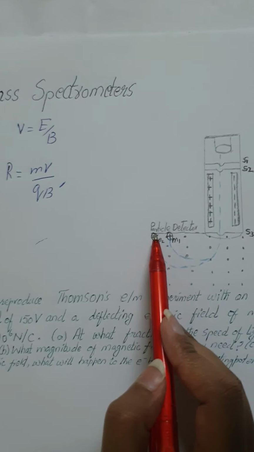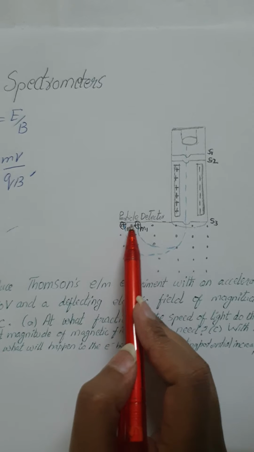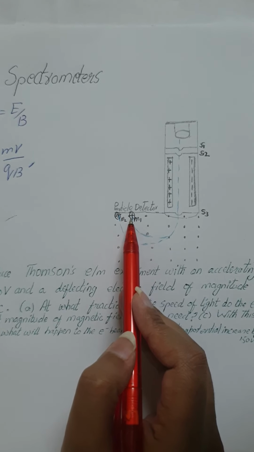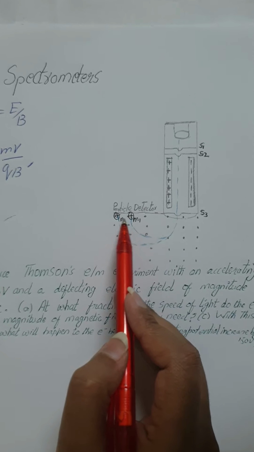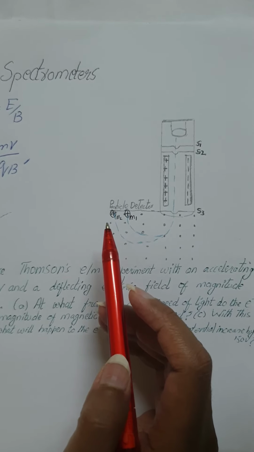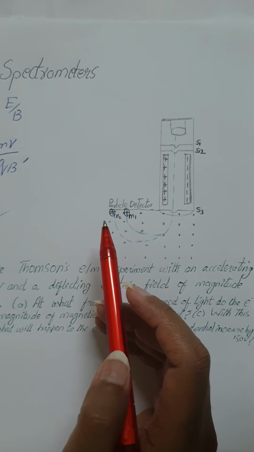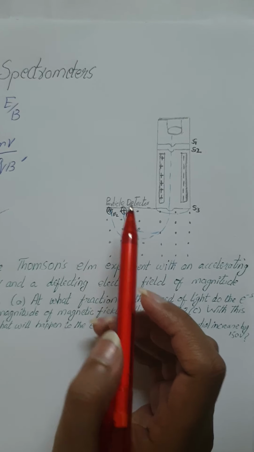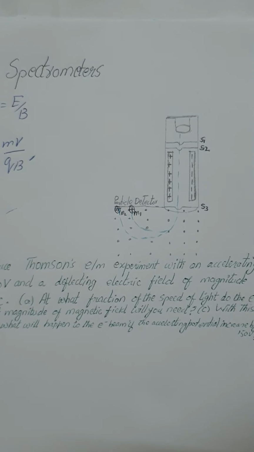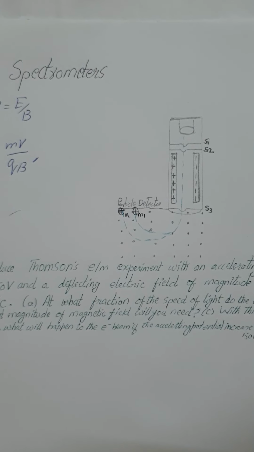At the end there is a photographic plate which gives information where the ions are hitting the detector, and in this way particle masses and radii can be measured with the help of this formula.